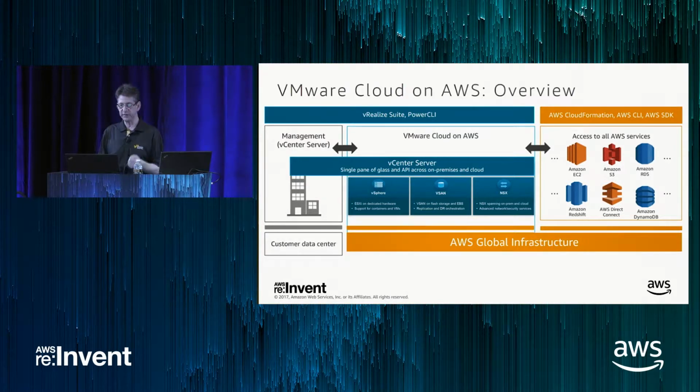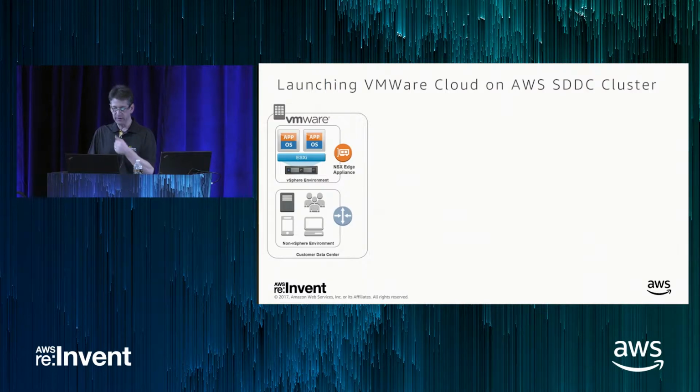So let's peel the onion back a layer. If you want to launch a VMware Cloud on an Amazon Web Services software-defined data center cluster, you would start off with your same data center on the left. If you're not running NSX, it doesn't matter. You can add an NSX Edge Services appliance, and that will allow you to connect VMware.